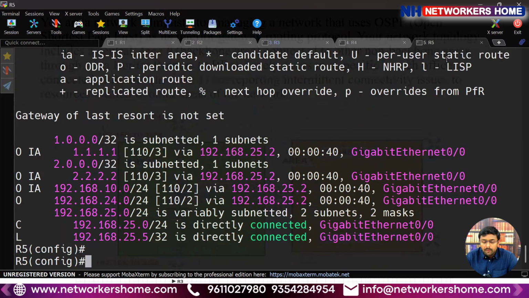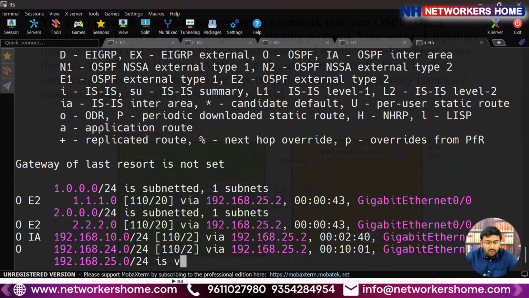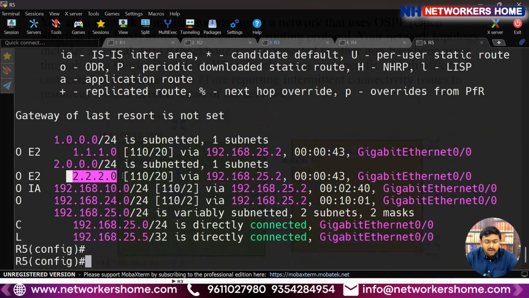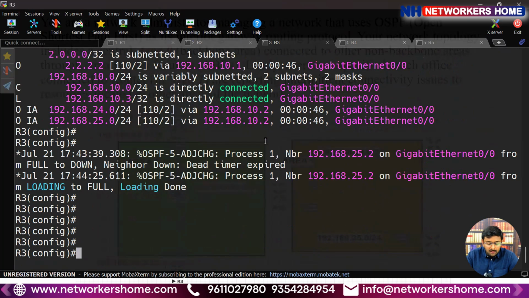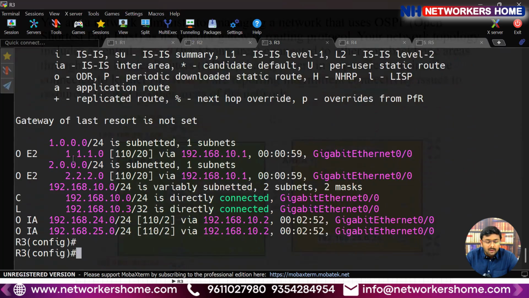If we check on the router 5, do show IP route. Same here also, it is getting it externally. And if we check on the router 3, that is in area 0 only, do show IP route. Even it will receive it as external, because we have redistributed these two IPs, 1.1.1 and 2.2.2.